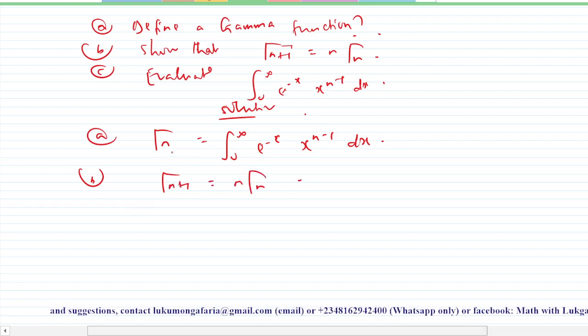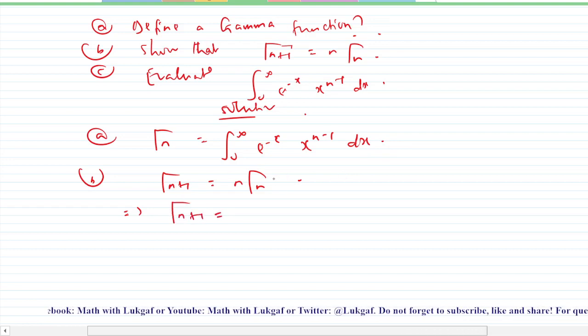Recall from the definition of gamma n, you have it to be the integral from 0 to infinity, and so on. So when you want to find your gamma n plus 1, you have to substitute the value of n here to be n plus 1. Wherever you see n here, you substitute n plus 1.